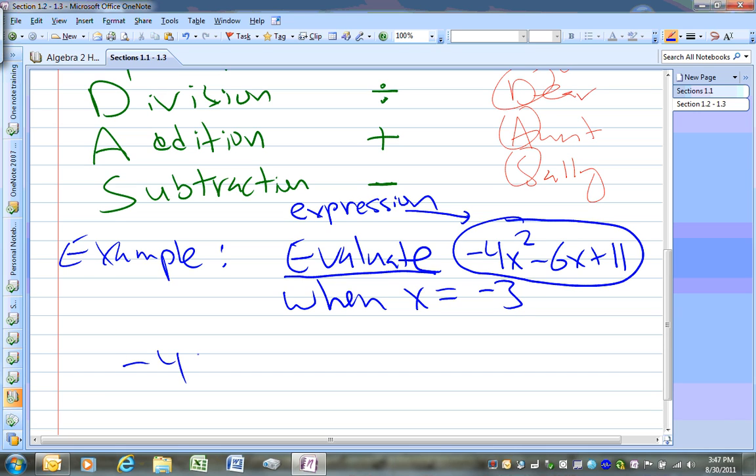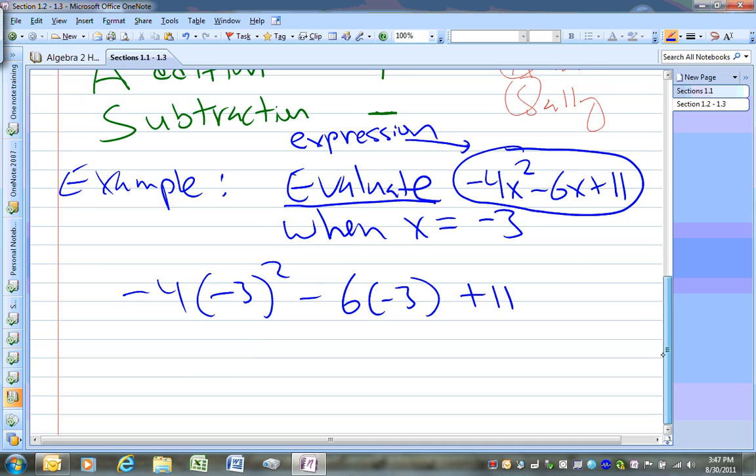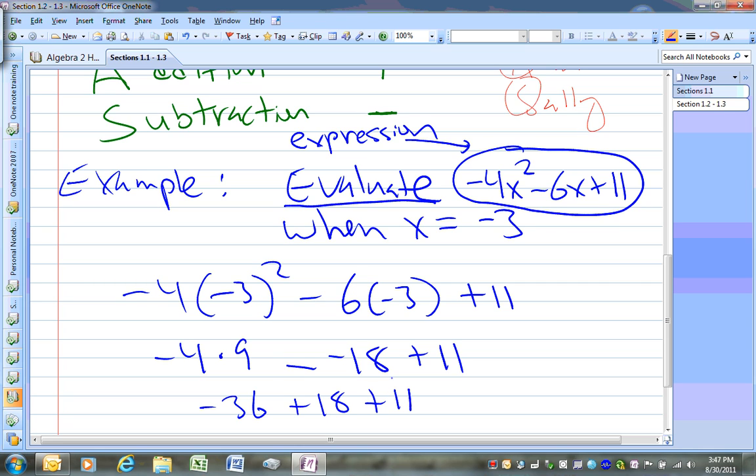Now if we plug it in, this is the right way to do it. So it'll be negative 4 times 9 minus negative 18 plus 11. So negative 36 plus 18 plus 11.